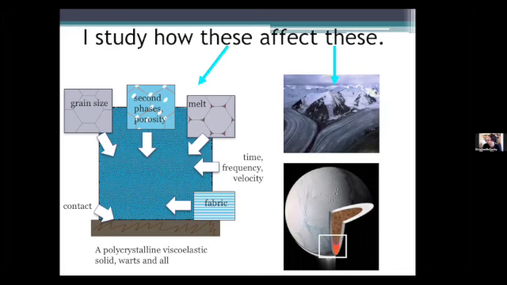And for today's talk, I'm also thinking of how the external forcing, so the time, the frequency, the velocity of the forcing, affects the response. So that's some of the things that we're covering. Again, I think about how these micro things affect macro behavior here and elsewhere.